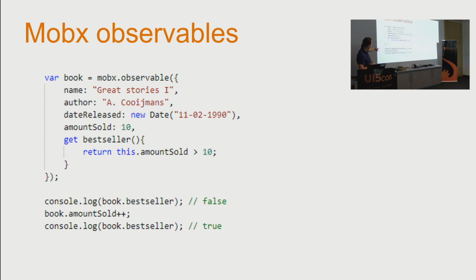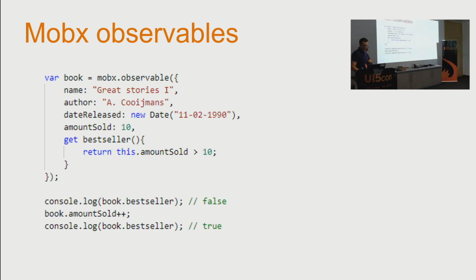So for example, you can see if I execute the code on the bottom, I can directly add to the sold amount an integer in order to trigger the getter of the bestseller and trigger the function that's inside of it.